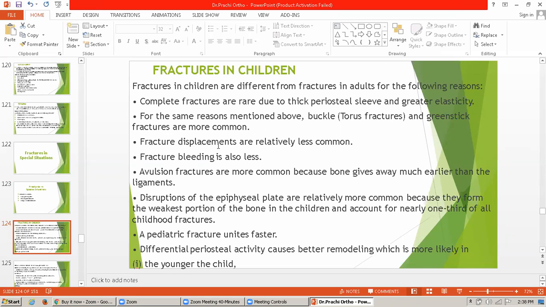Fracture displacement is relatively less common. Fracture bleeding is also less. Avulsion fractures are more common because bone gives way much earlier than the ligament. Disruption of the epiphyseal plate is relatively more common.